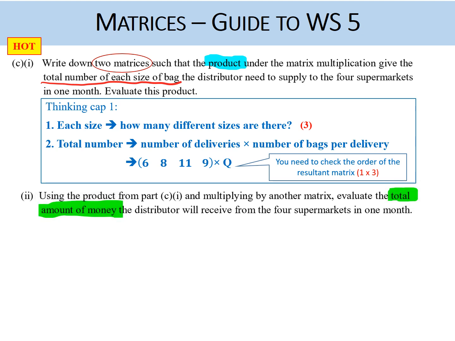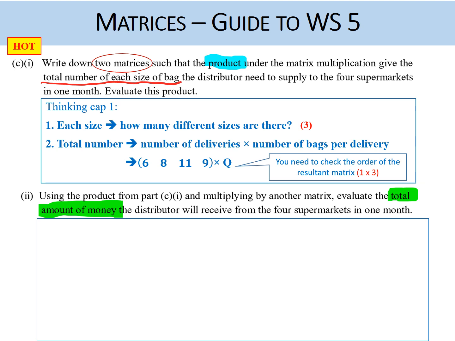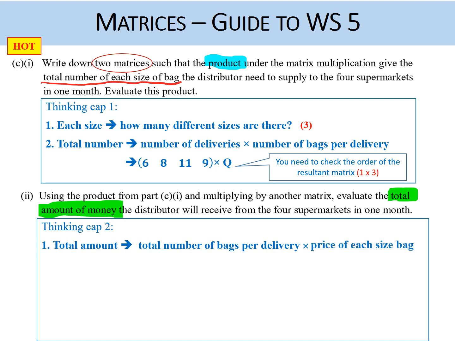Now let's take a look at the formula. How can I find the total amount of money? Let's put on our thinking cap. Total amount. That means I will need the total number of bags in one delivery. And I will also need to know how much per bag. Which means I will need to know the price of each bag, of each size.